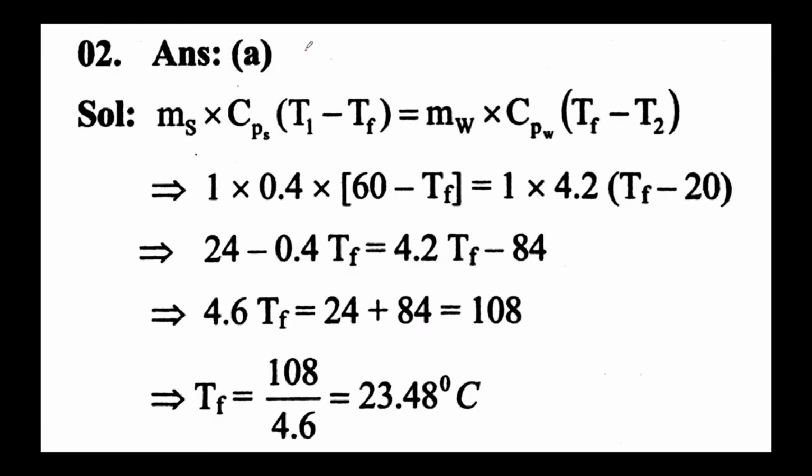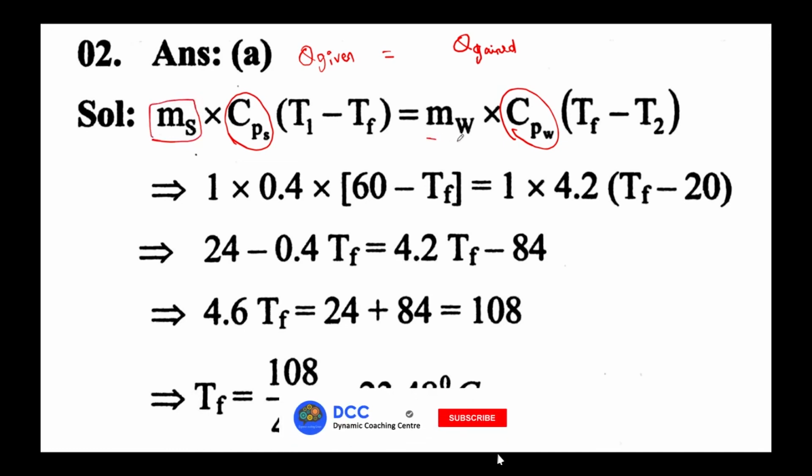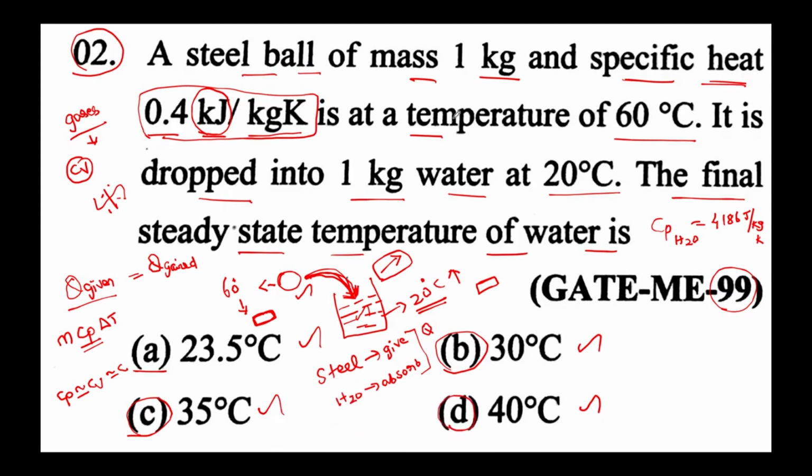So as I said, heat given by steel is equal to heat gained by water, right? Since it is incompressible, you can go for the Cp value of steel, and here also incompressible, so the Cp value of water, and this is mass of steel and mass of water. If you refer to the question, 1 kg of steel ball mass has been mentioned, and 1 kg of water has also been mentioned clearly.